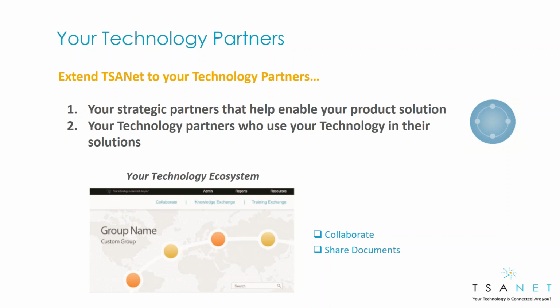And what's important to understand here is a lot of people look at TSANet as, oh, there has to be a mutual customer involved. And that's true for the open groups. But when you get into this area, you're not only hosting that relationship and deciding who you're going to collaborate with and pulling those members in, but you're also defining what the elements of that relationship are. Maybe there is no need for you to have a mutual customer.